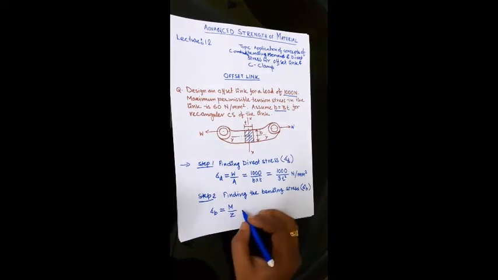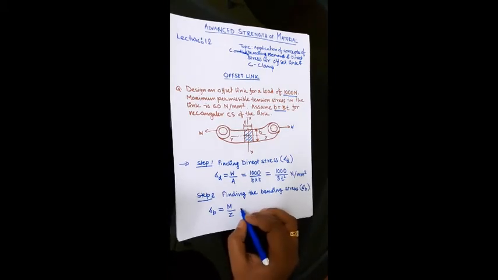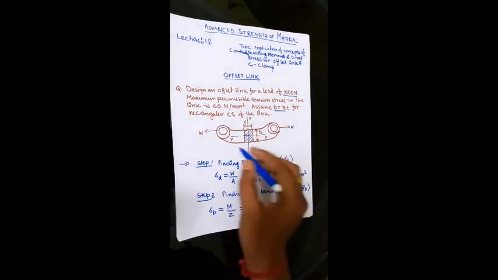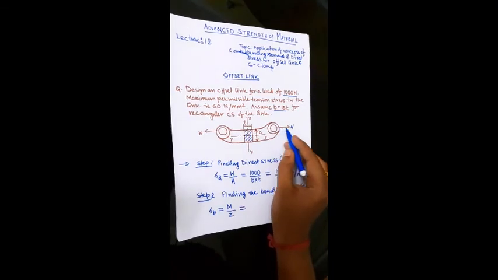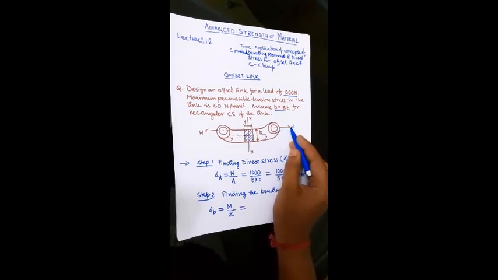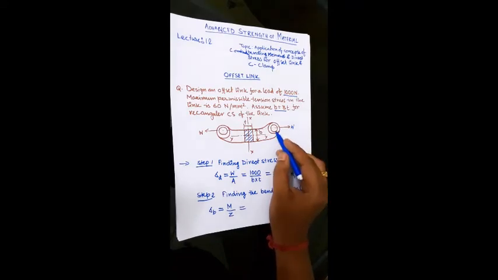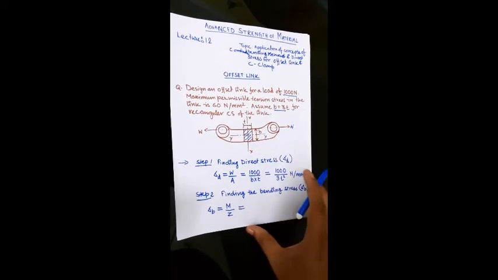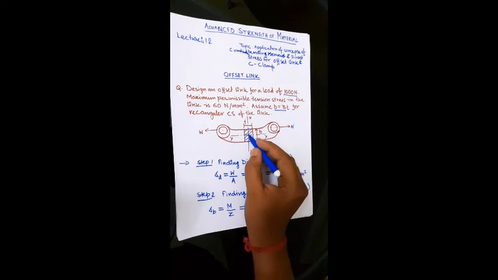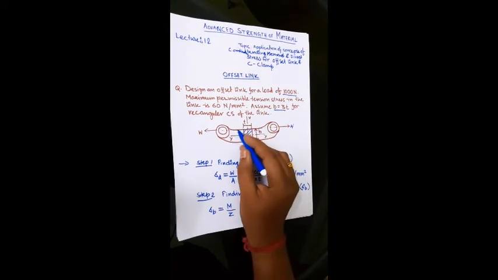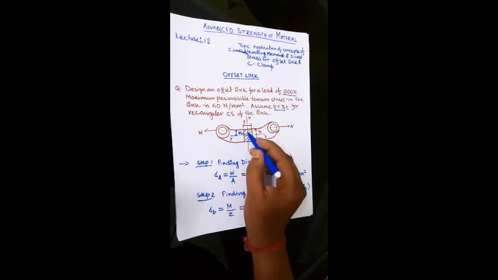So for this section, see here what is happening. The load is acting in this y direction, right? As the load is acting in y direction, the line of action of load from this y axis, this distance is nothing but b by 2.